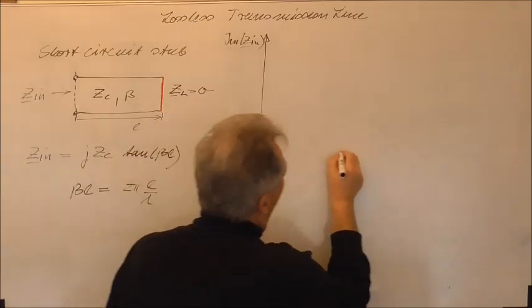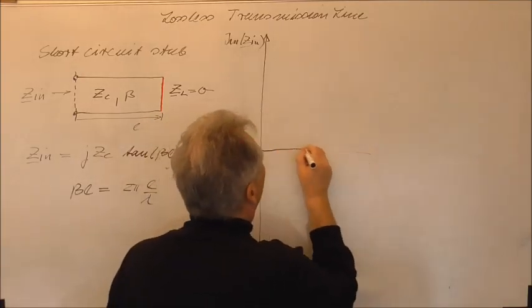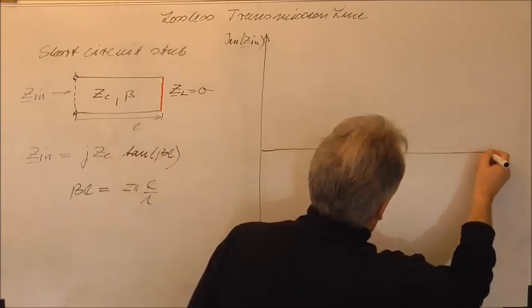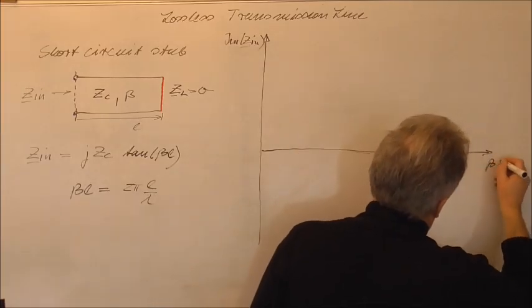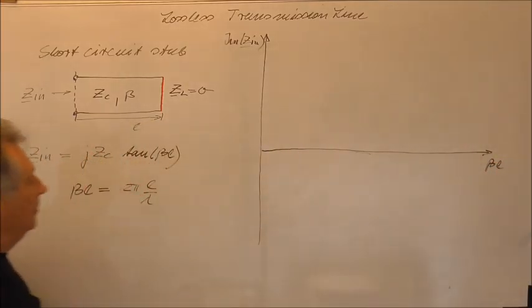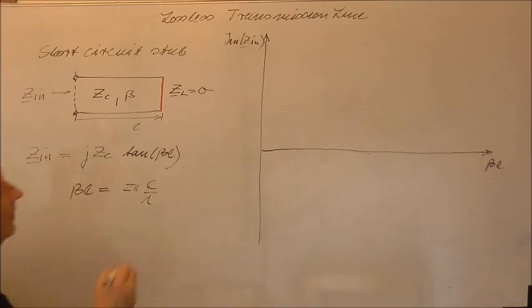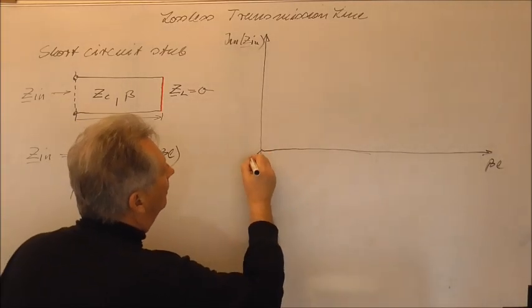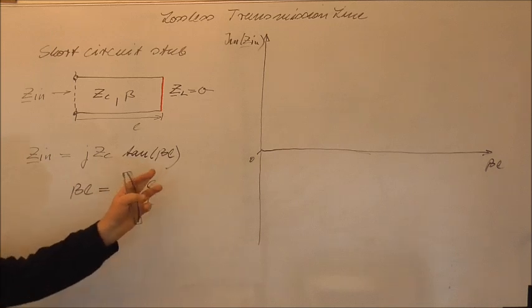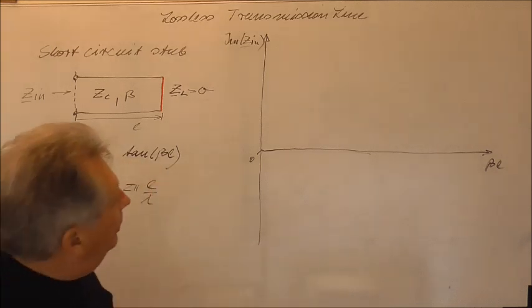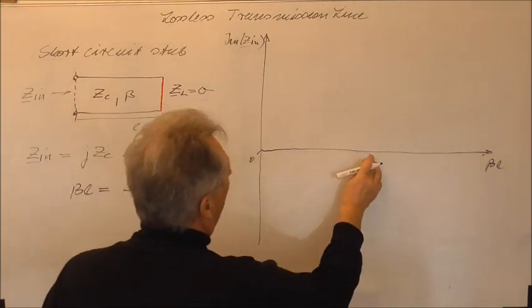over the length βL. This is the angle in principle, and here we have 0. And we know that the tangent function itself is a periodic function, so it's easy to sketch it.